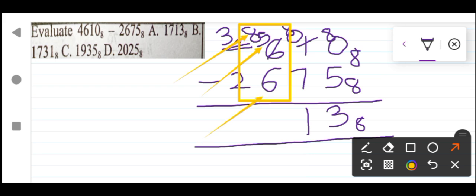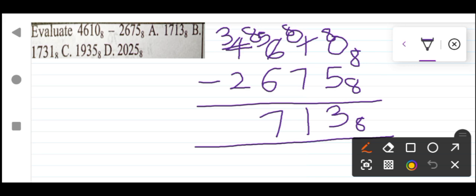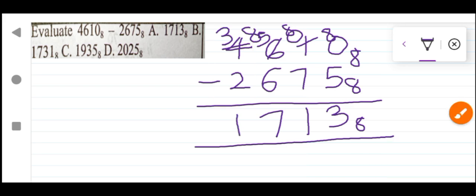So we now minus 6, and that gives us, guess the answer, 7. Good. So we have 7 right here. And the last part is 3 minus 2, which is 1. And this is the final result.